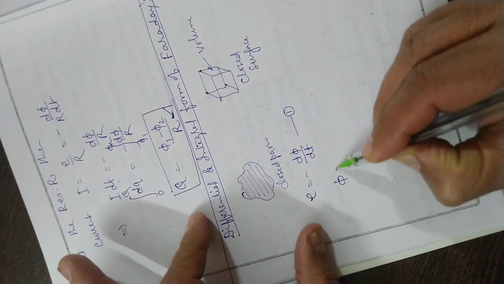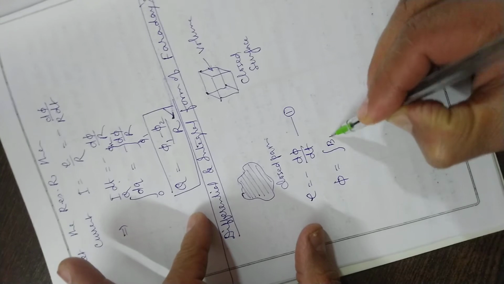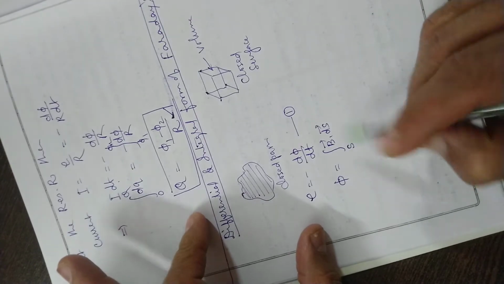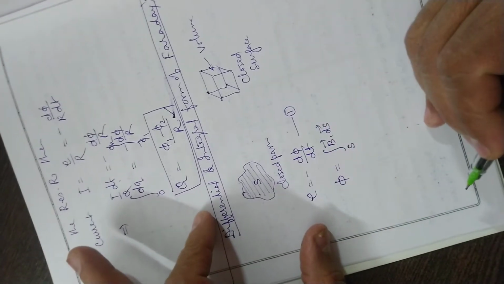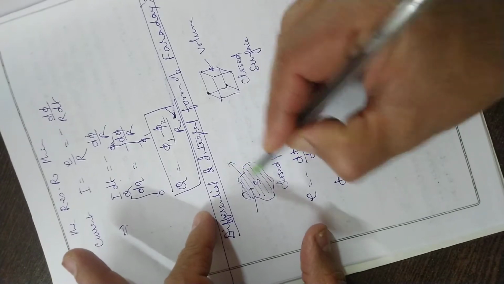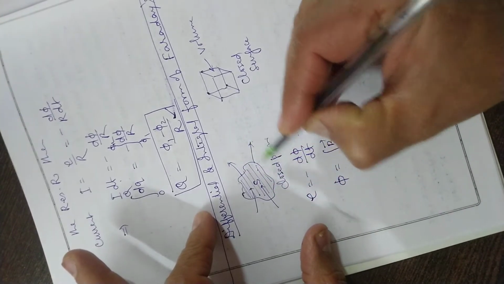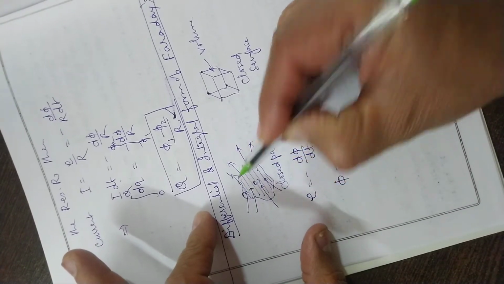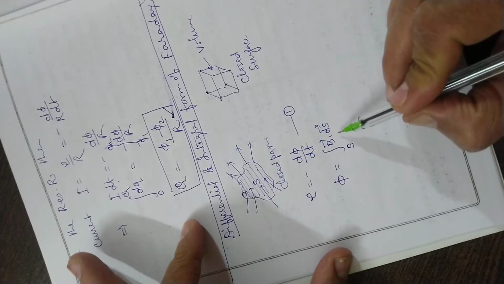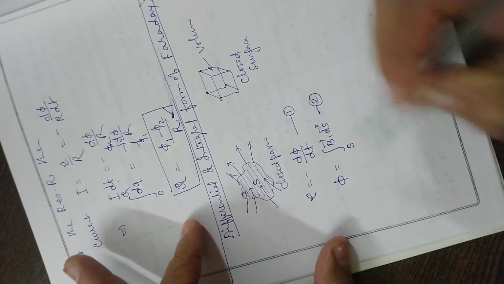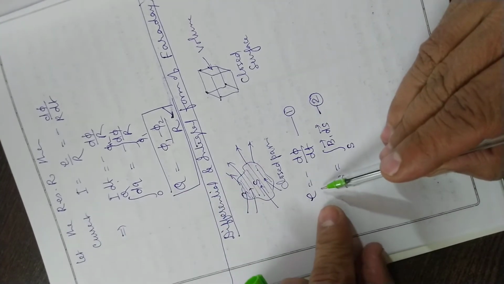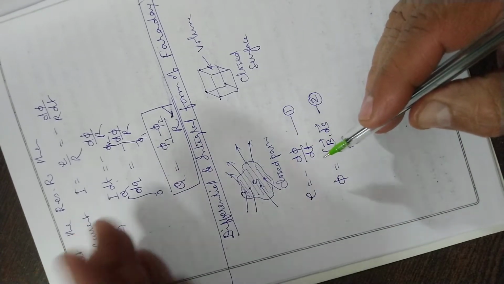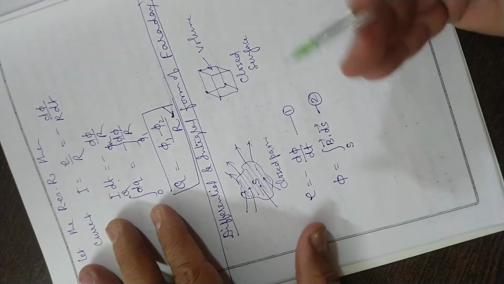So phi is nothing but the integration of B dot dS defined over the whole surface S through which the magnetic field lines are passing. I hope you can understand it very easily, right? This is the second equation. Now we know by the definition of EMF, or electromotive force, or potential difference, that it is simply the work done by the electric field.